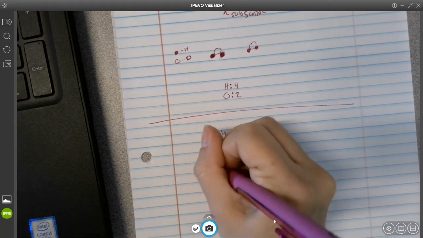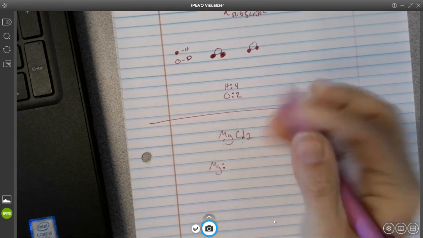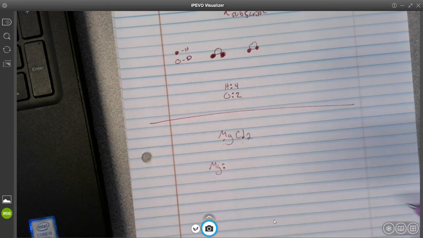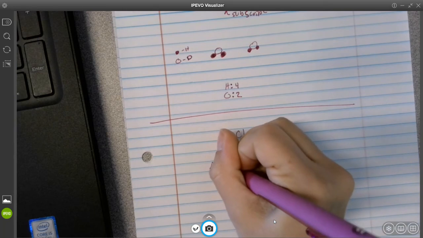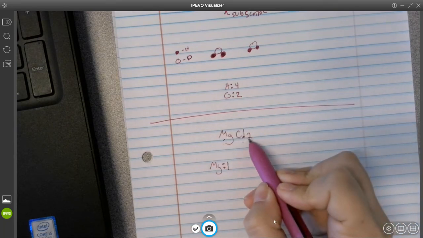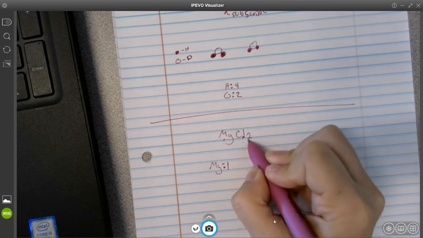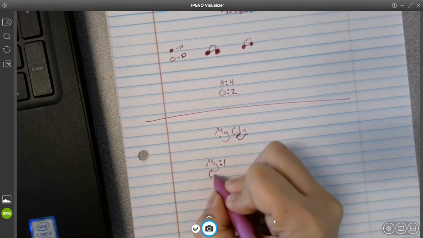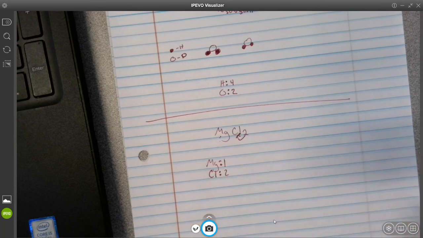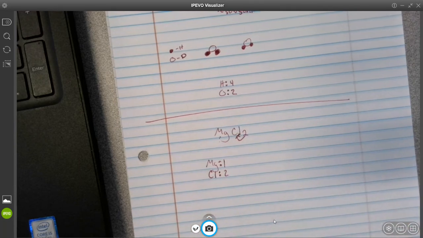Mg, there's no subscript, so that tells me that there is only 1 magnesium present. I have a subscript next to chlorine, and again, that is only going to chlorine here. So that means I will have 2 chlorines.